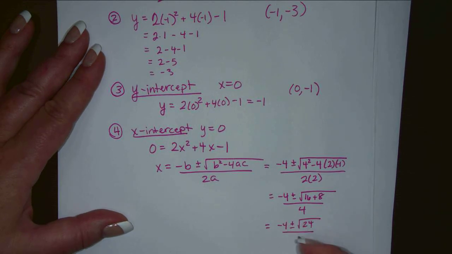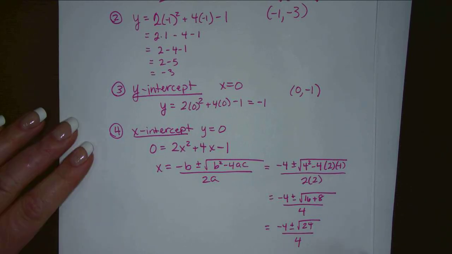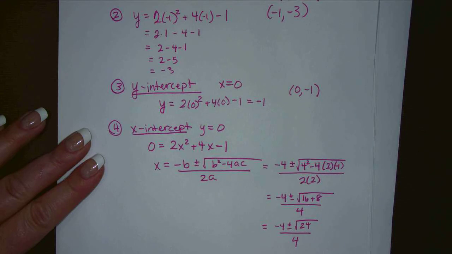How do you know if it simplifies? Does 24 have a factor of 4 or 16 or 25, something that works nice, does it? Just 4 goes in. So root 24 is 4 times 6.